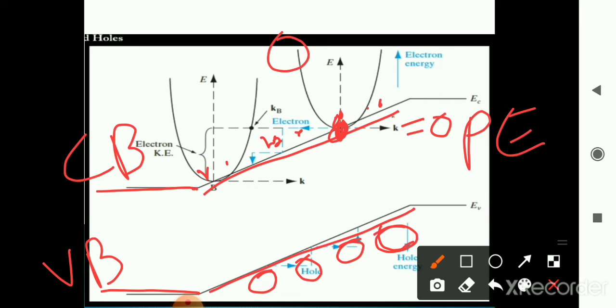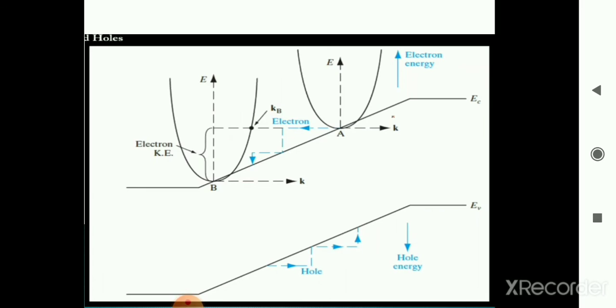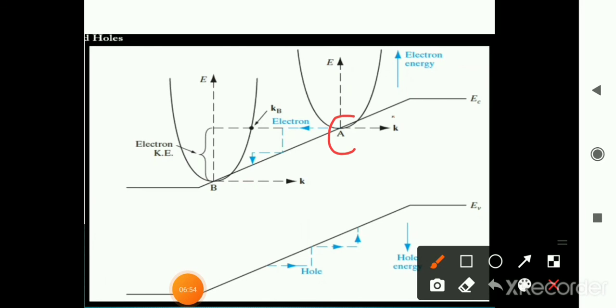Similarly here, there are many states available for an electron. So the electron won't sit at one particular place, it will move to another position, that is KB. If we consider this point as K0, we have to give another value, KB. Then it will gain kinetic energy. So here it has only potential energy, then it moves to the new position KB and has now gained kinetic energy also.